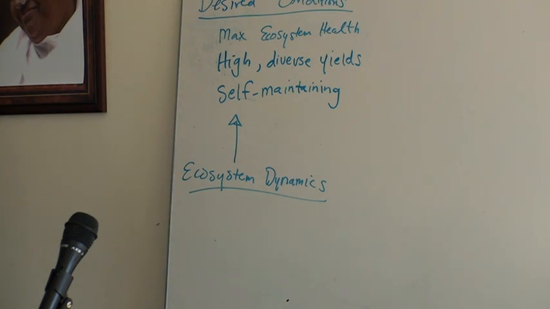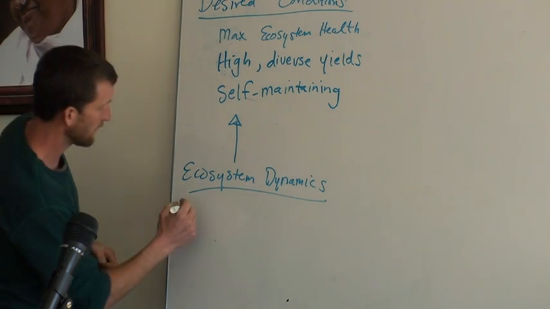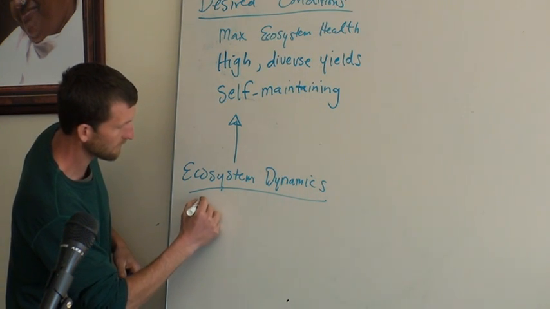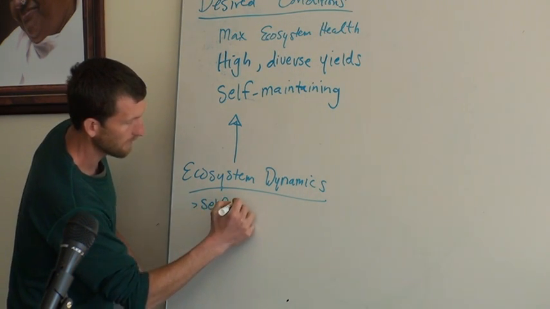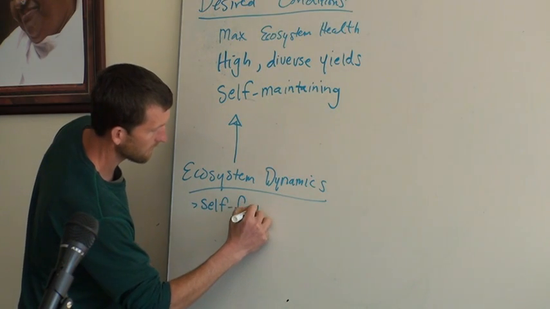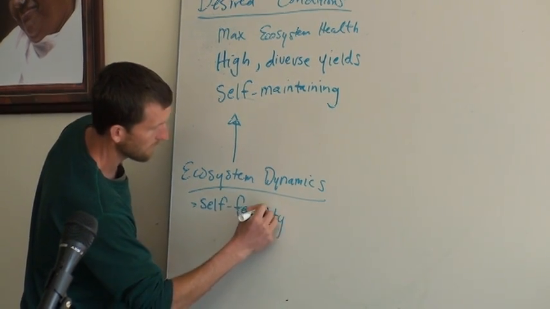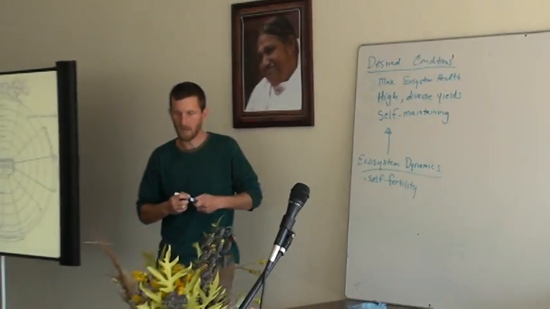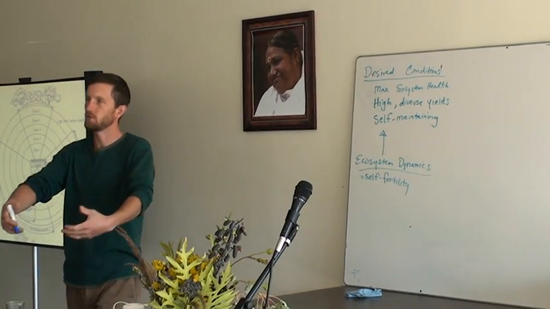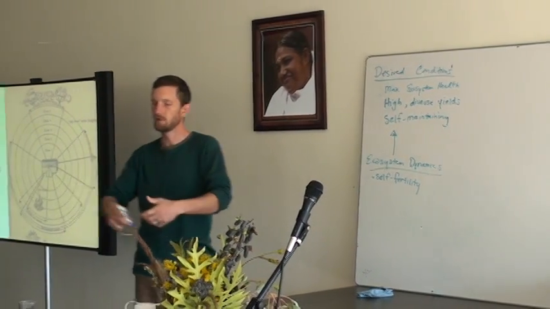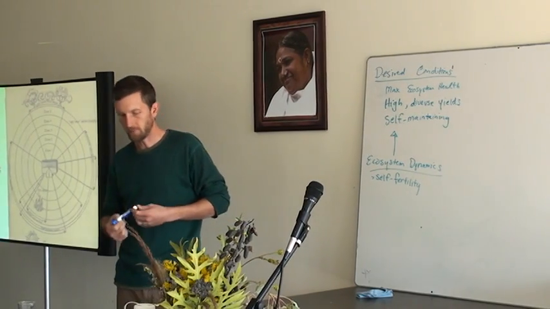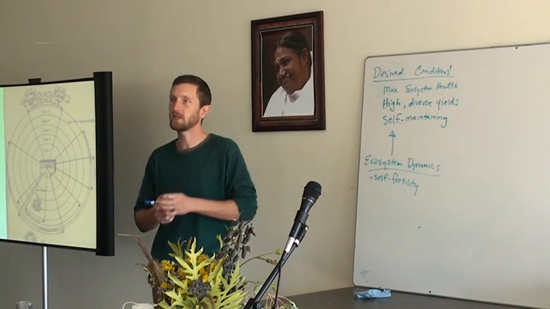I'm just going to list out a lot of these, but I don't think we're going to have time to go into them in depth. This includes self-renewing fertility. So not having to add nutrients or compost or fertilizer to your system to keep it healthy.